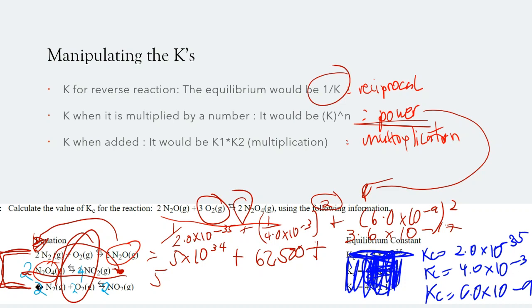Yeah, that's weird. It turns into like 5 times 10 to the 43. Okay, that's your answer.